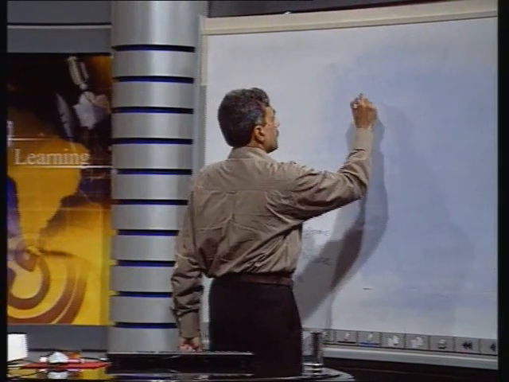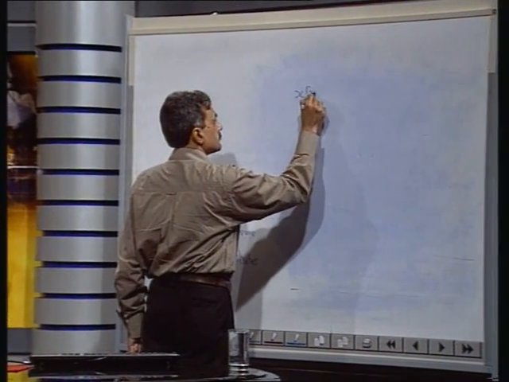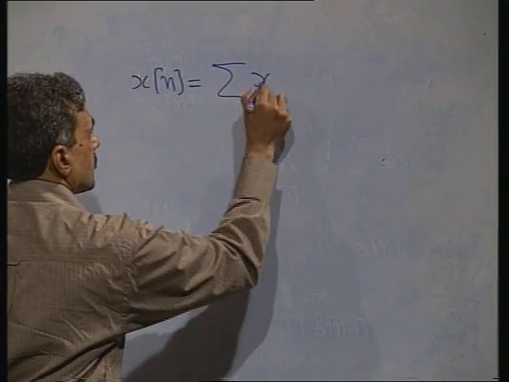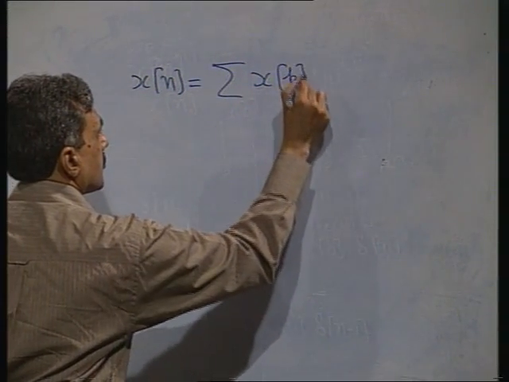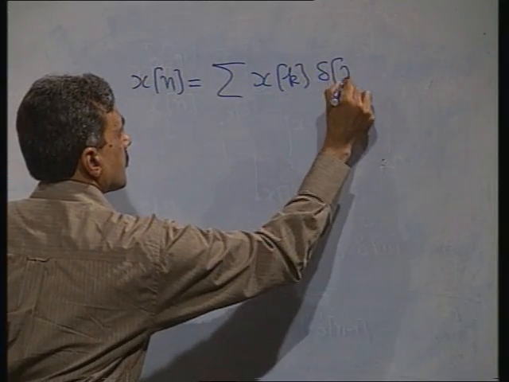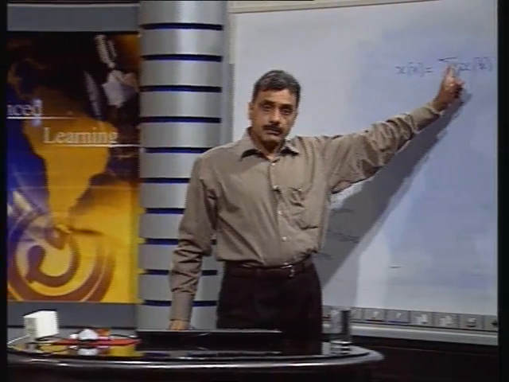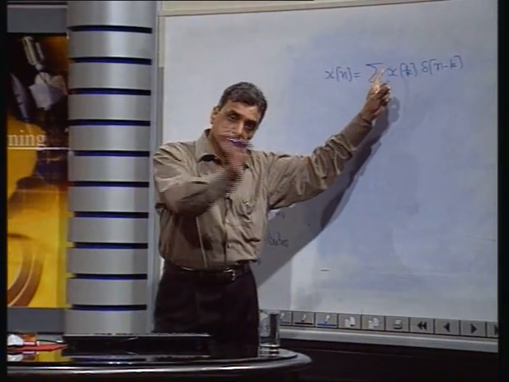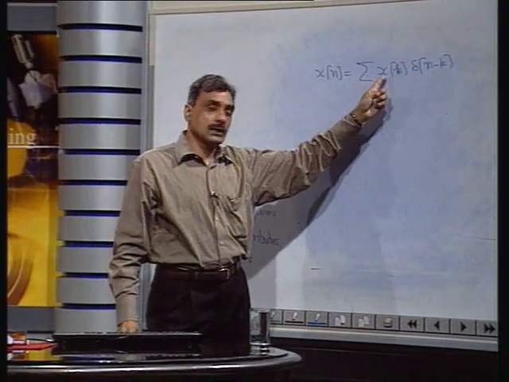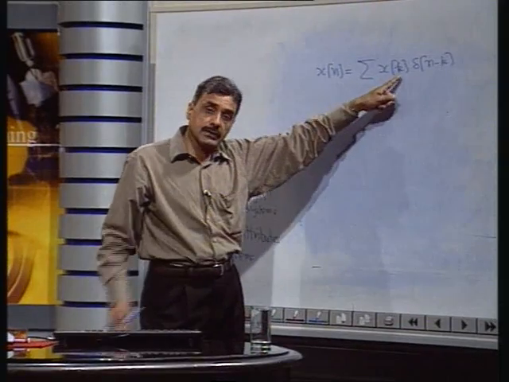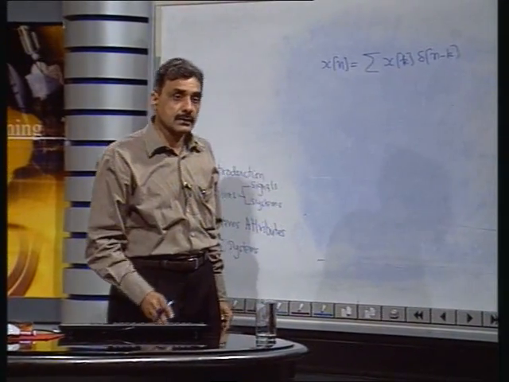So I can say that any x of n can be written as a weighted sum of delta functions. Delta n minus k is an impulse which is sitting at k and with height xk, and I sum up all these signals as k ranges from minus infinity to infinity.